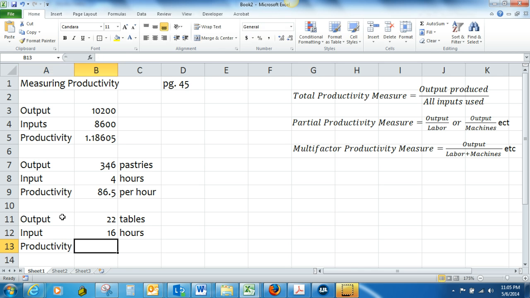So our productivity, again, we're going to start with our equal sign, our 22 divided by our 16. So that means that we've got 1.37 tables being built per hour.